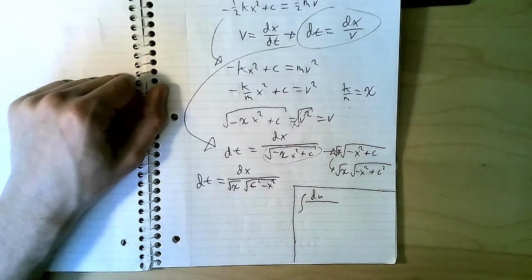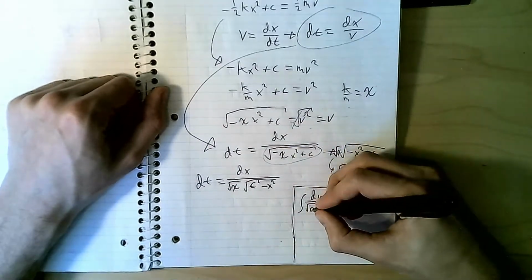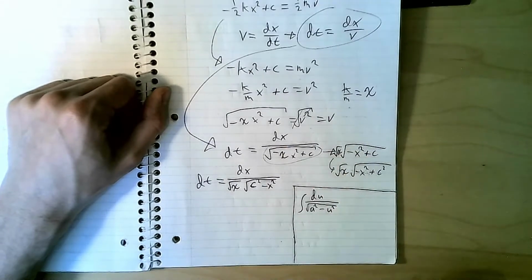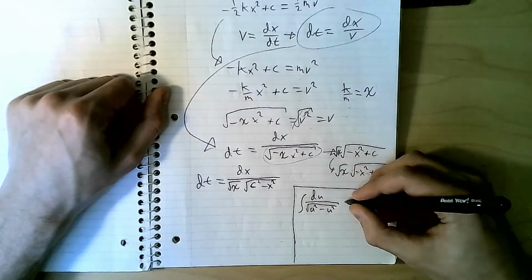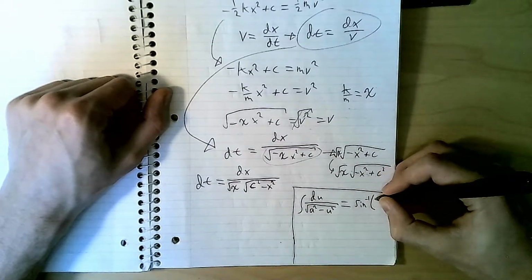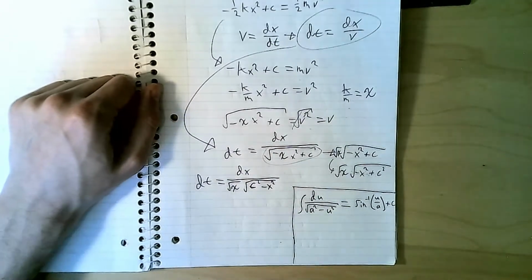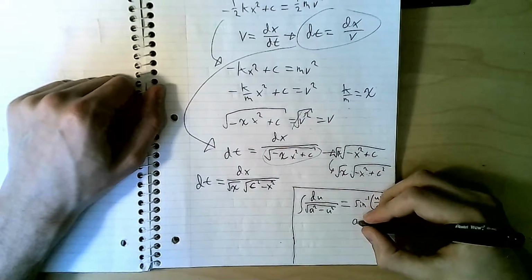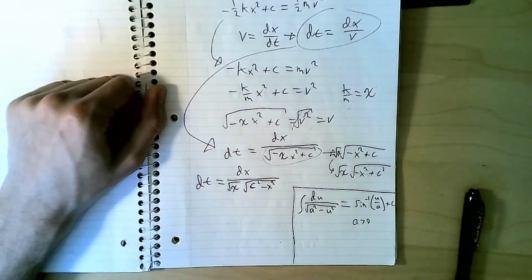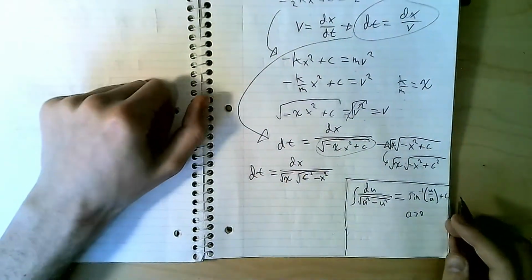It says that the integral of 1 over the square root of a squared minus u squared du equals the inverse sine of u over a plus constant. And it says this for a greater than 0 for some reason. If a mathematician wants to explain that to me, I'd be happy to hear. But that doesn't actually seem to be very relevant for some reason.